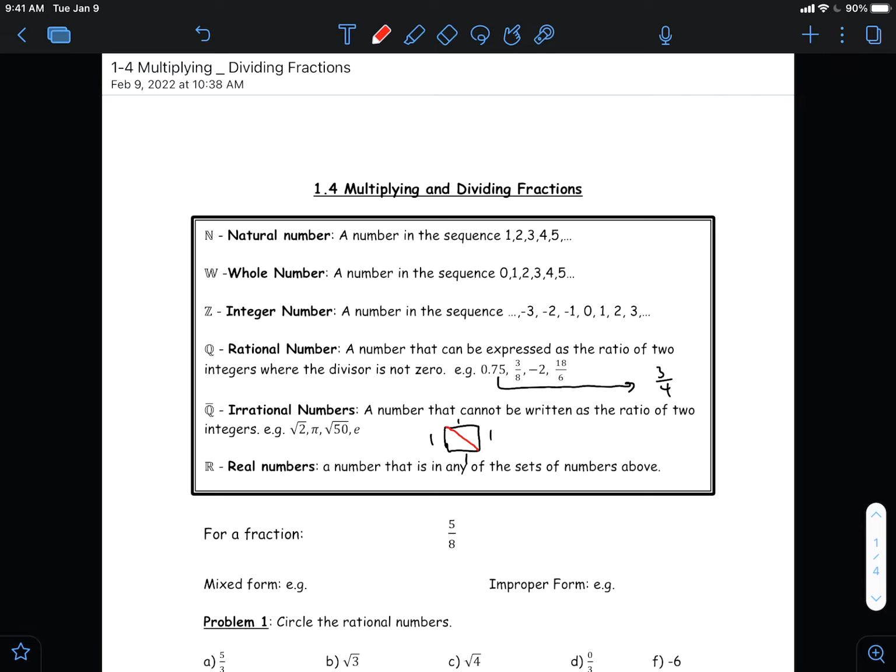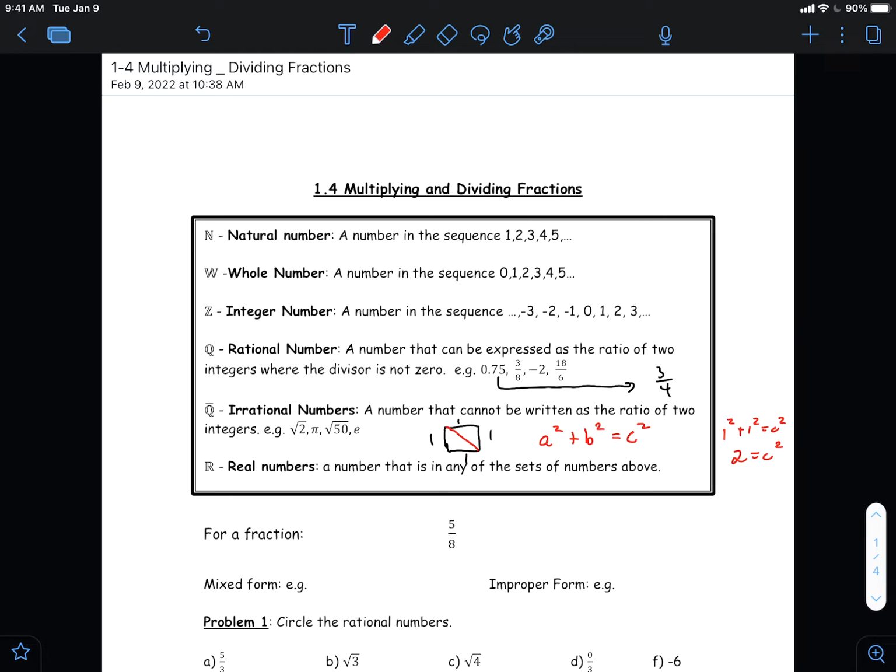We did this on Monday. You could do a squared plus b squared is equal to c squared. And so to solve for c, you would do 1 squared plus 1 squared is equal to c squared. So you'd get 2.